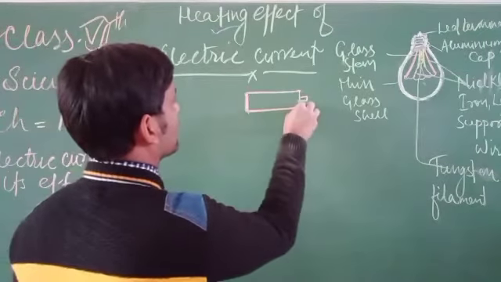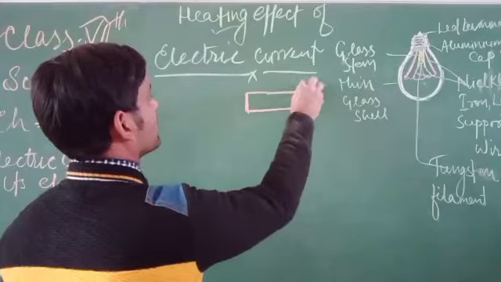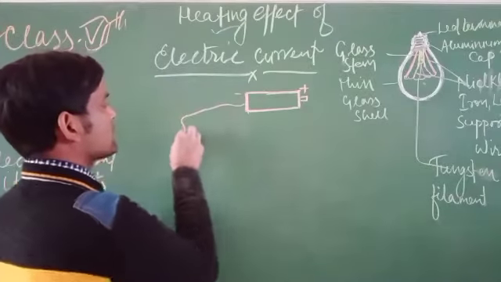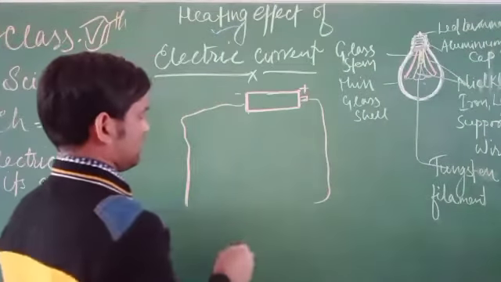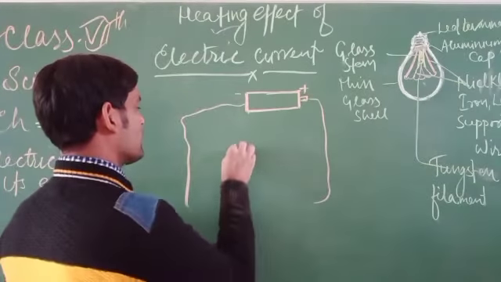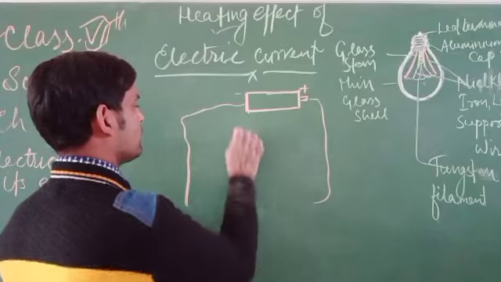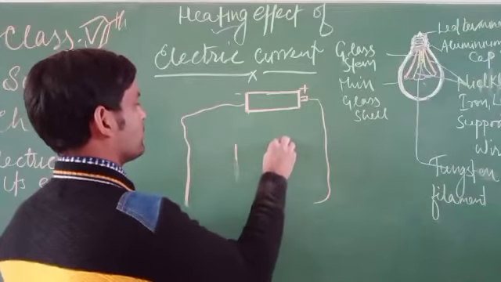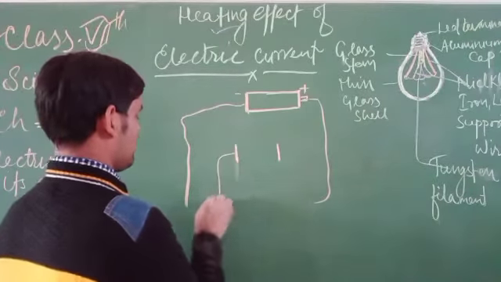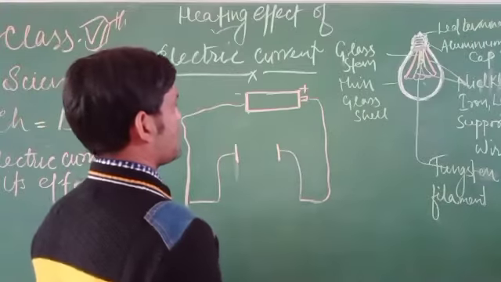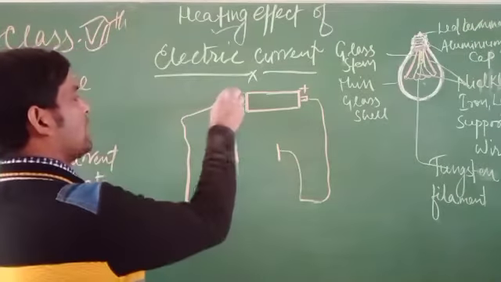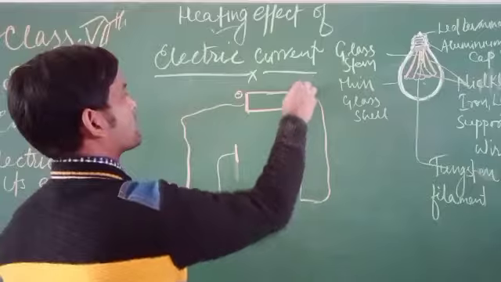What does the cell do? It supplies electric current. Suppose here is a nail, and the continuous electric supply will pass through it.